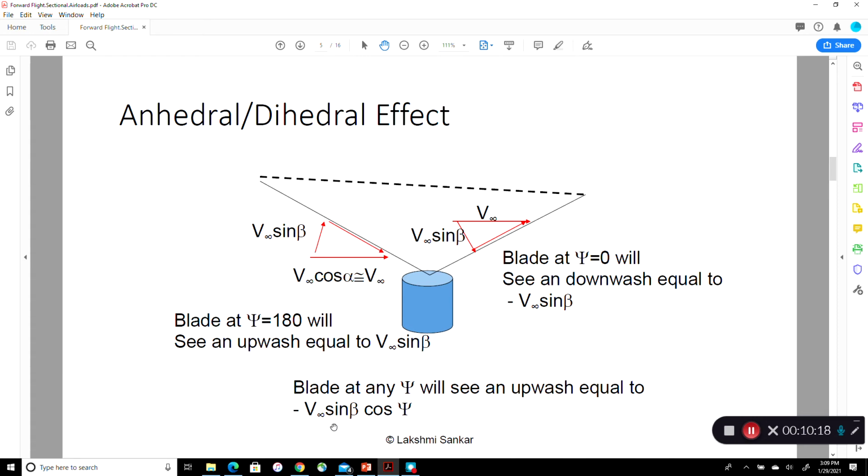To account for it, you can multiply this by cosine of psi. So when psi equal to 0, we get minus v infinity sine beta. When psi is equal to 180, cosine of 180 is minus 1, so this becomes plus v infinity sine beta. So this is called an upwash or a downwash, depending on whether you're up here or down here. This is another component that we need to consider.